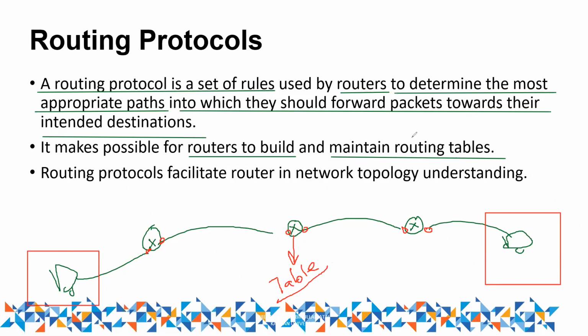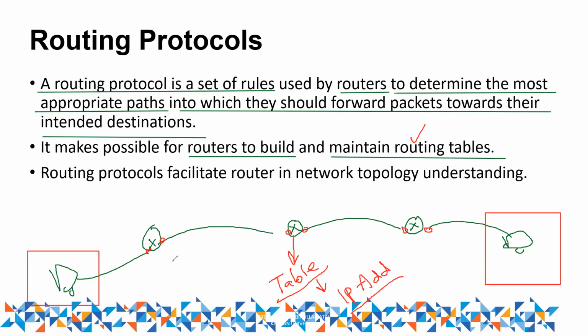The table is called what? Routing table. For the purpose of what? For the purpose of storing IP addresses. IP addresses of whom? IP addresses of their neighbors, the IP addresses of the other routers which are connected to their neighbor.